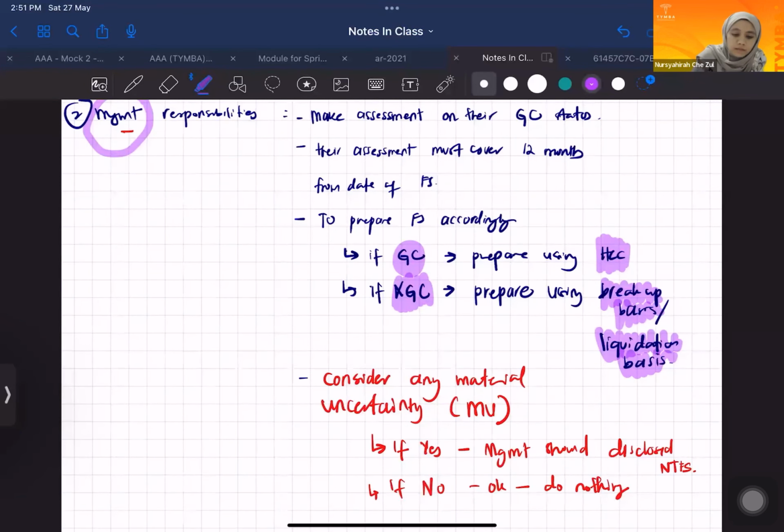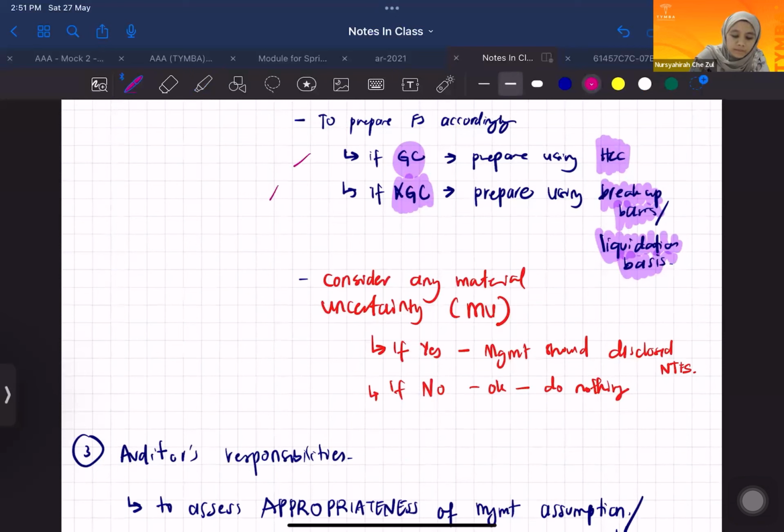Okay, and then one more thing. Let's say the company thought that they are going concern. However, there are certain issues. Just like you, sometimes you are short in money. You will get your money in 2 days time for your salary, but now in your bank account you are left with 50 ringgit. So what do you think?